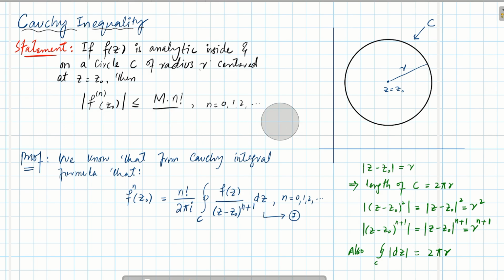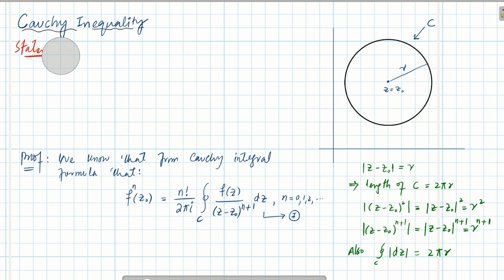So here you can see, equation 1 implies that the nth order derivative of the function at z naught is equal to n factorial over 2 pi iota times the integral along C of f of z over (z minus z naught) whole power n plus 1 into dz.